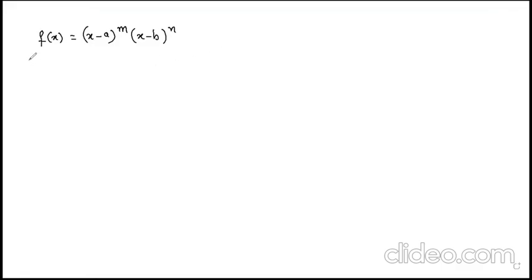So according to the first condition, f(x) must be continuous in the closed interval AB. The interval is AB only over here also according to your problem. Can you tell me how I can say that this function is continuous in the closed interval AB? I'm telling you that it is continuous, but what is the reason behind that? Ma'am, if the limit exists. I'm not going to find out the limit. There is a standard result. We all know that polynomial functions are always continuous.